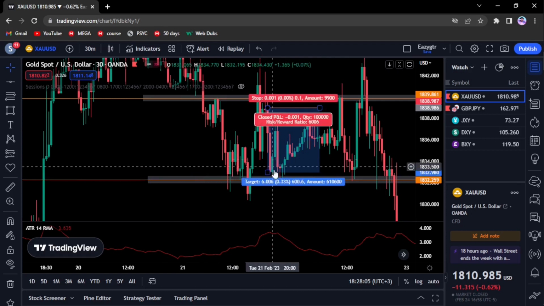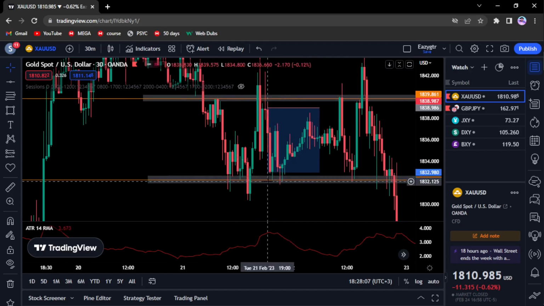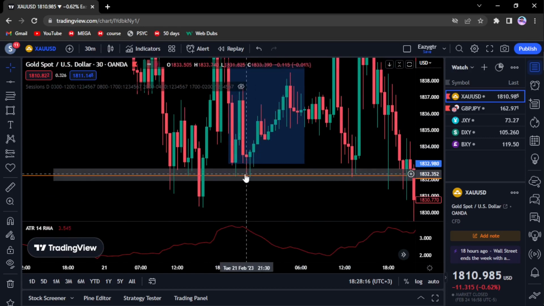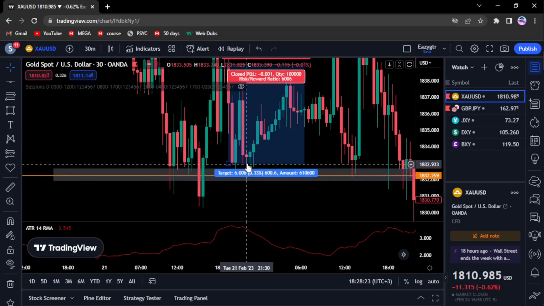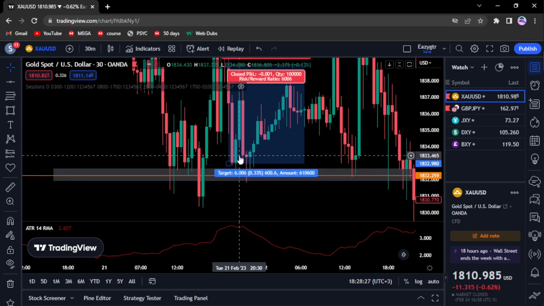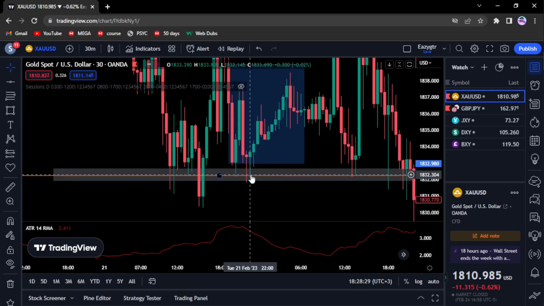So as you can see, price came, tapped the area of interest, and if you realize, it formed rejection wicks. So this is the difference between a normal candle and a candle with a rejection wick. The wick is this part without the body of the candle. So when the wick is bigger than the body, that's a rejection wick in the area of interest.